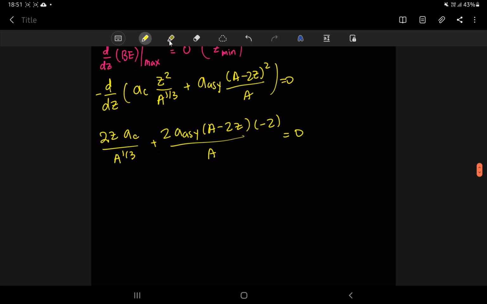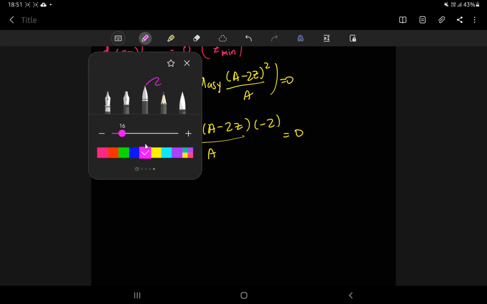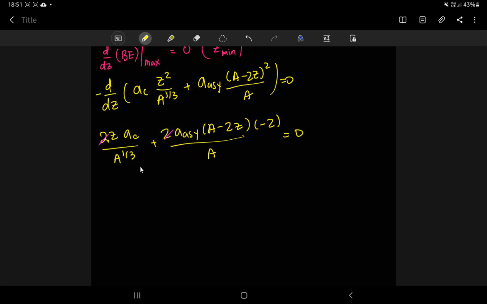Let's simplify. We can divide both sides by 2, so this cancels. I will move the term to the right-hand side, so it becomes 2 A_asym (A minus 2Z) over A equals Z A_C over A to the power of 1/3.